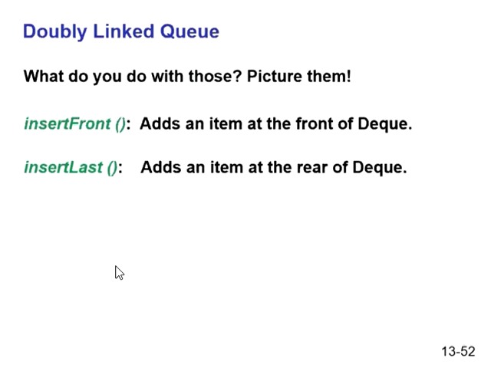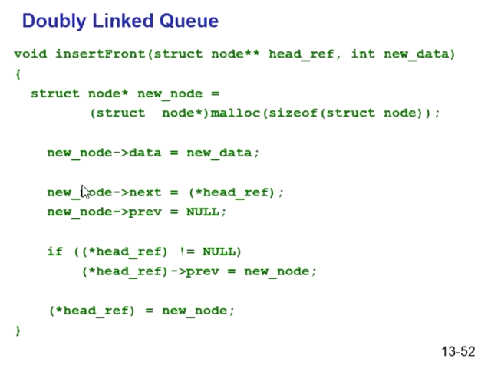Then insert last with this. When you insert, you want to insert new data to the queue, either at the front end or at the last end. So you have two arguments: the first, the head, and the second, the data you want.